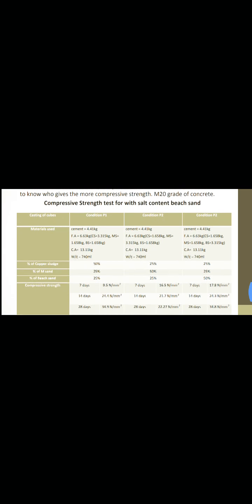The results are that with 50% and 25%, the maximum compressive strength came at 28 days with copper slag, as I said before, and with beach sand it was too high at 28 days; everything with beach sand came higher.